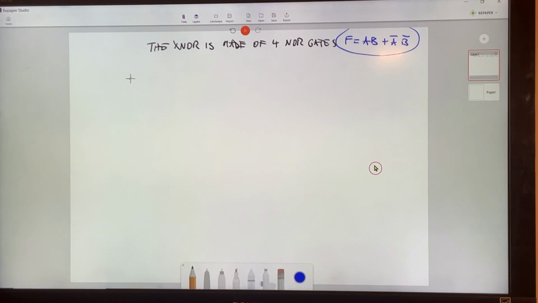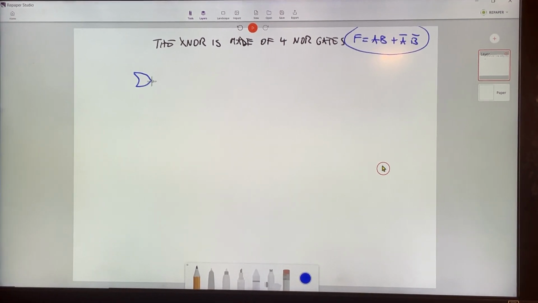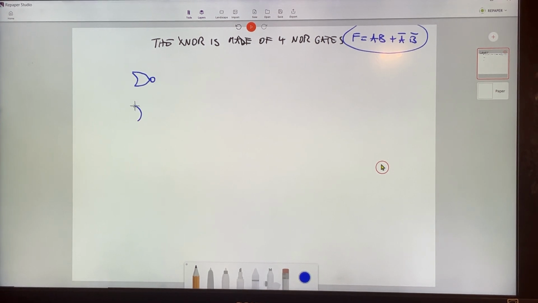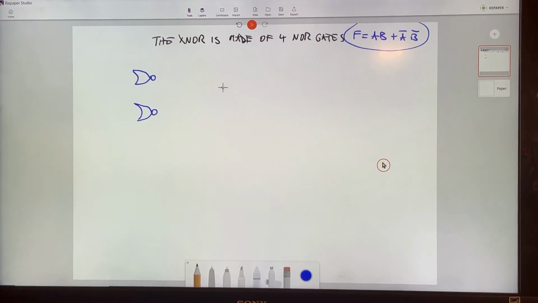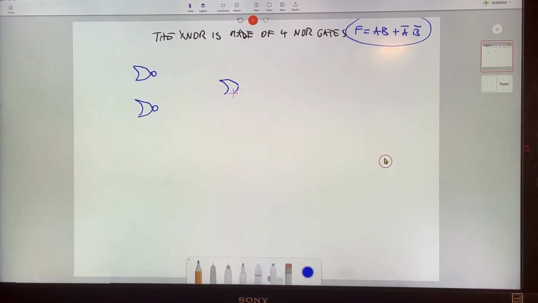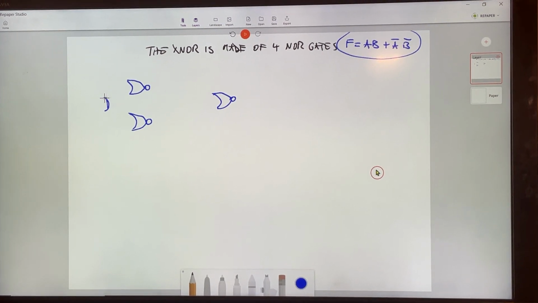We're going to have other 4 gates right here, and we're going to start drawing them. What kind of gates are these? Exactly, NOR gates. We're gonna have NOR gates over here, and another one right here.